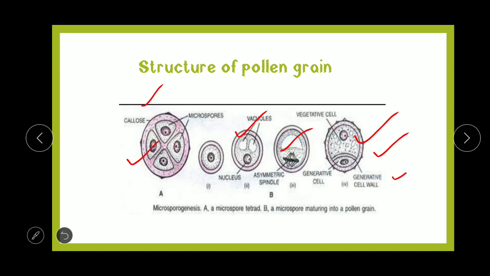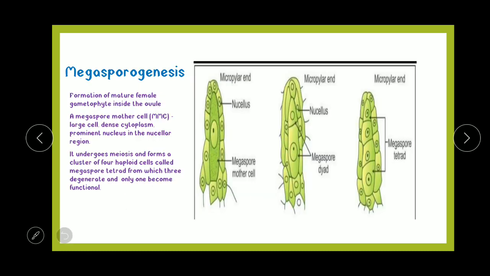You can see the generative cell wall also in the diagram. Each microspore tetrad has the ability to give rise to four pollen grains. This is important. The microsporocyte or pollen mother cell divides by meiosis, and after the microspores are formed, they always divide by mitosis.